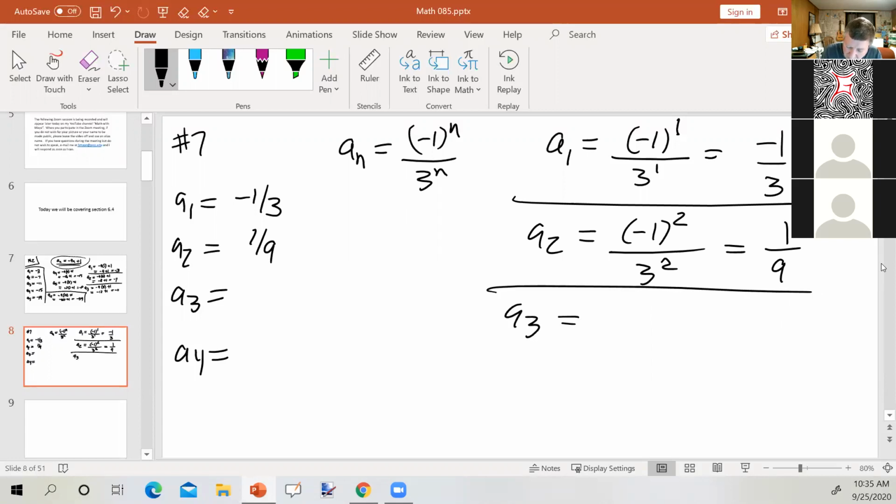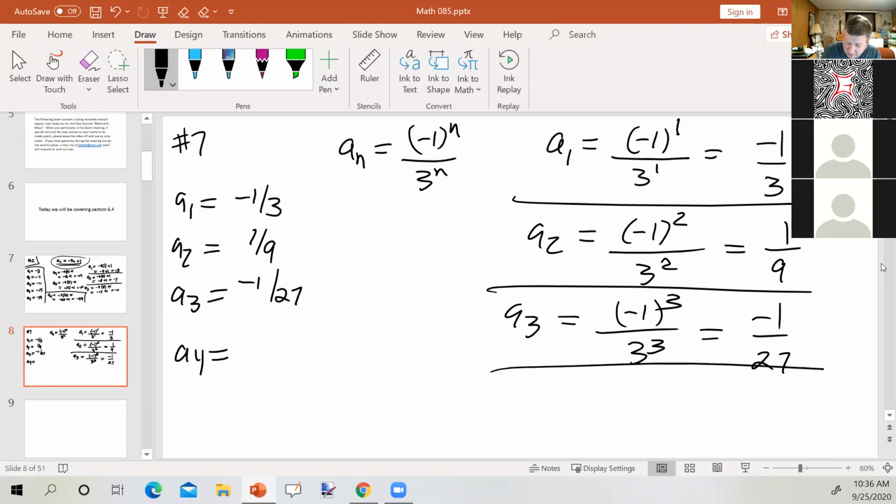A sub 3 would be -1, the quantity cubed, over 3 cubed. -1 cubed is -1 times -1 times -1, which is -1 over 27. So -1 over 27. And then a sub 4 would be -1, the quantity to the 4th power, over 3 to the 4th.